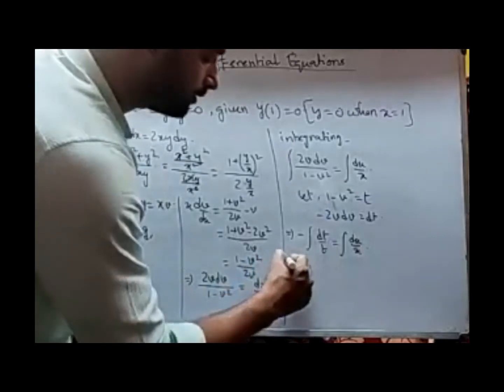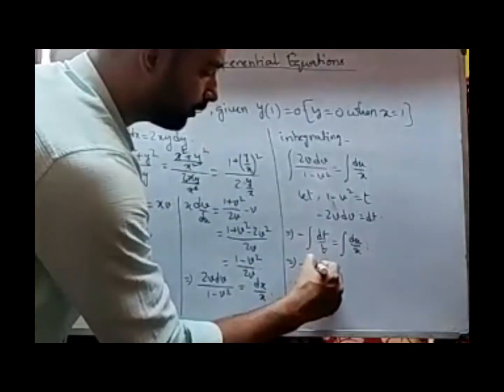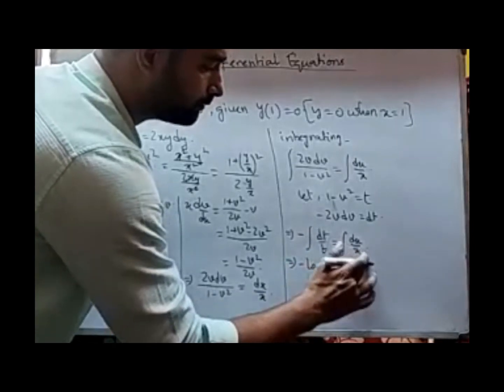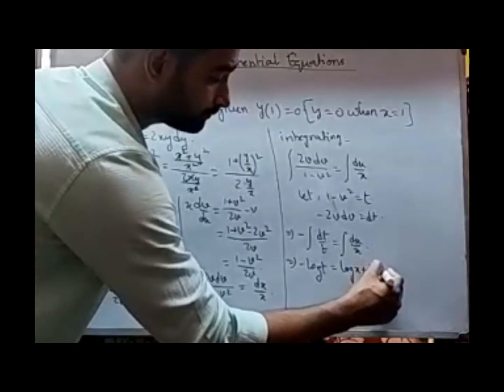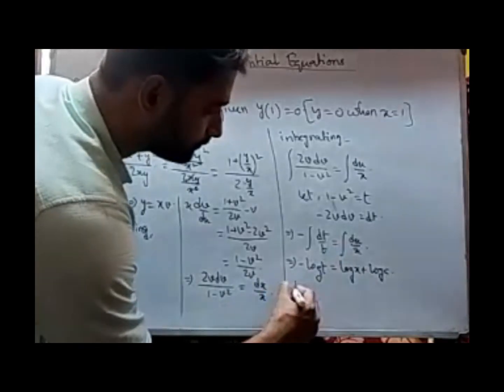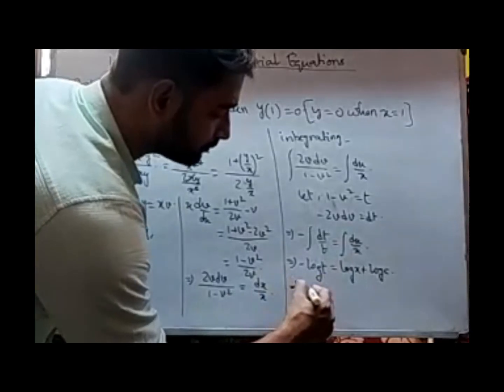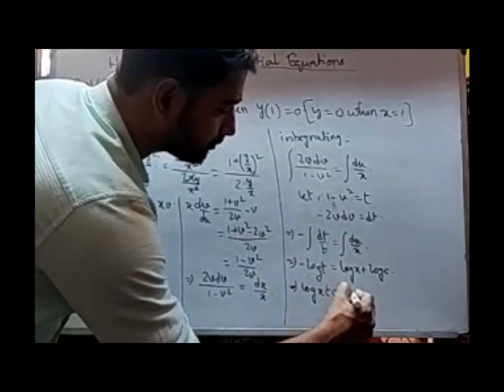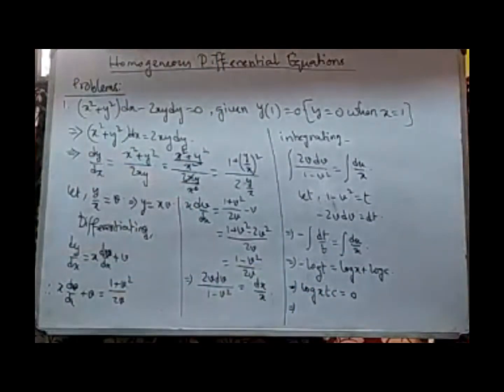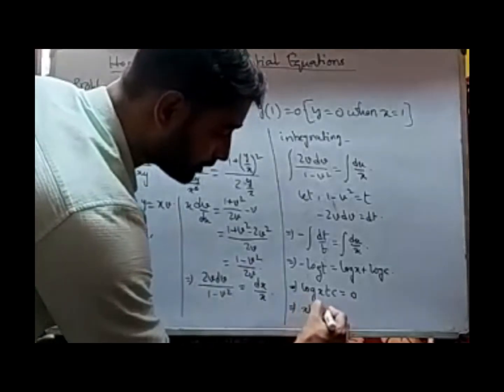So it is minus log t equals log x plus, say, I'm taking log c. So that means log of x t c equals 0. And remember, log of x t c equals 0 means log of something equal to 0, so that something should be 1, not 0.